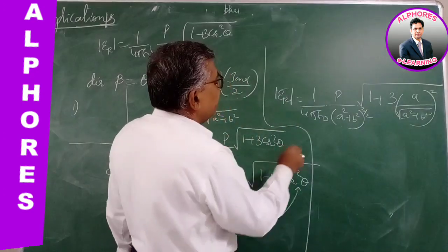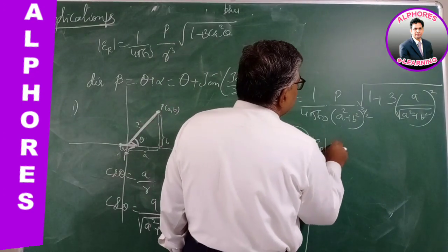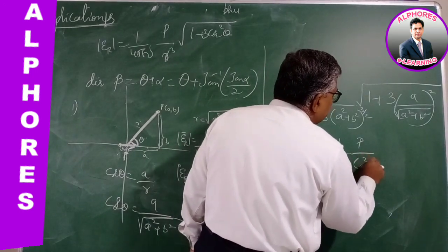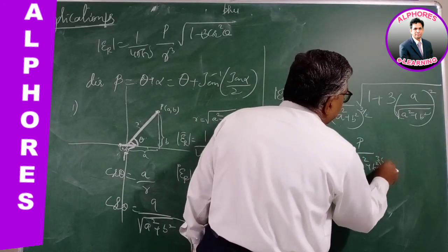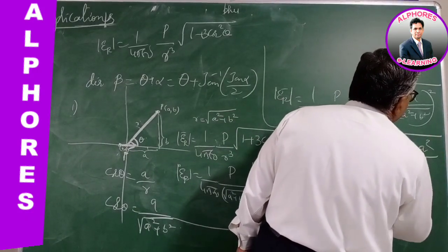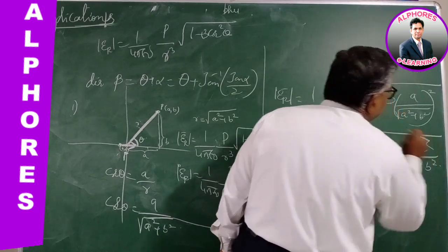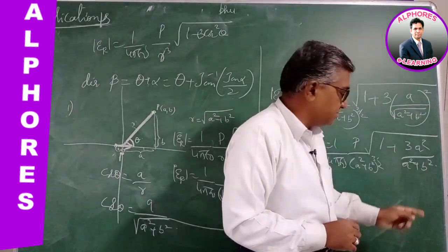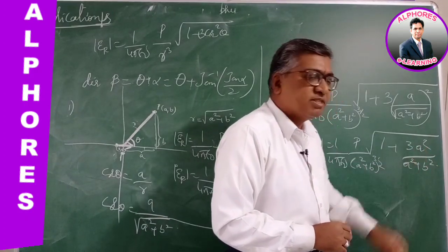Simplifying, it's 1 by 4 pi epsilon naught, p by A square plus B square whole power 3 by 2, under root of 1 plus 3A square by A square plus B square. So squaring, it's 3A square by A square plus B square.